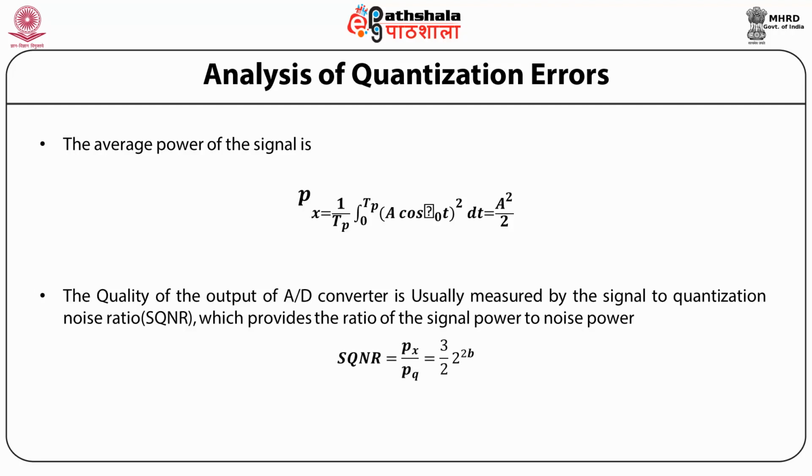That is, SQNR equals Px by Pq equal to 3 by 2 multiplied by 2 to the power 2b, and in decibels it is represented as SQNR in dB equal to 10 log SQNR equal to 1.76 plus 6.02 b.